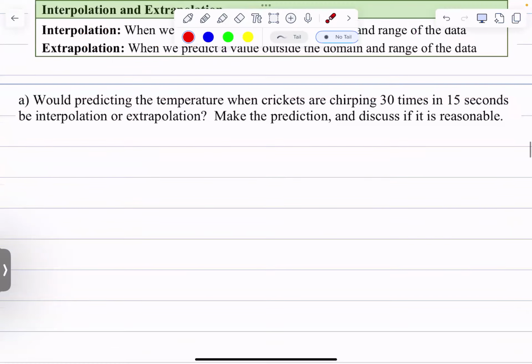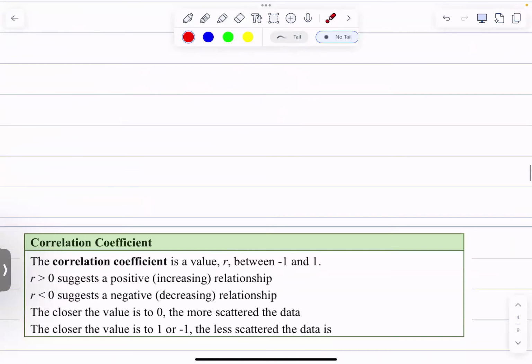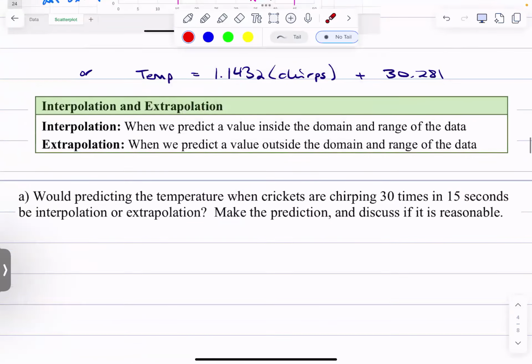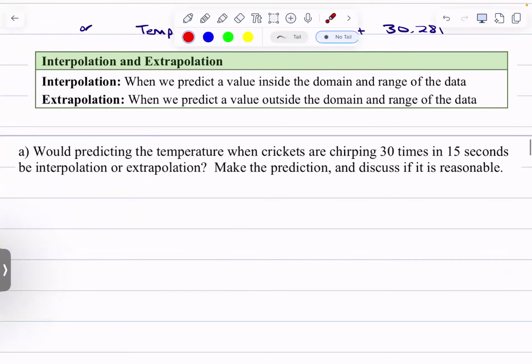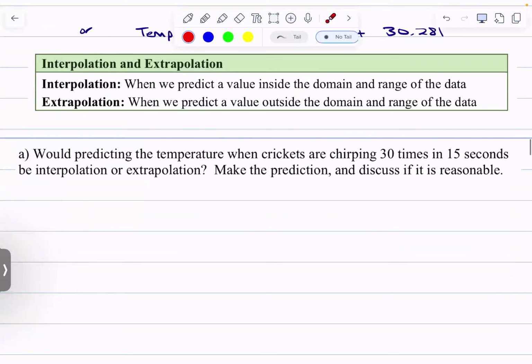I'm trying not to do it all on the one slide. So here, it's not slides, but one page. Would predicting the temperature when crickets are chirping 30 times in 15 seconds be interpolation or extrapolation?